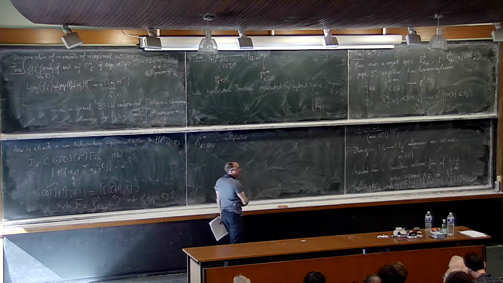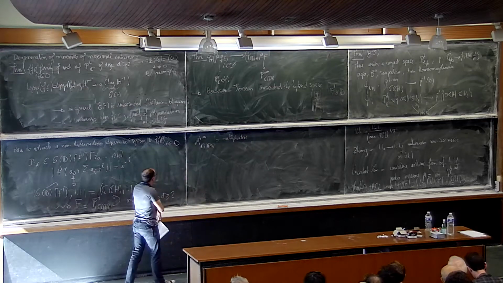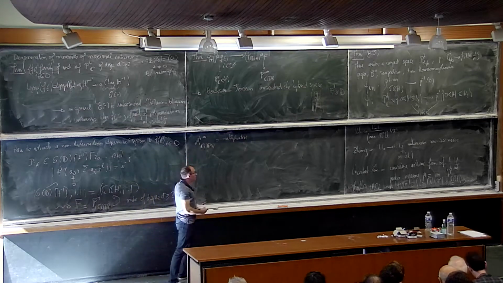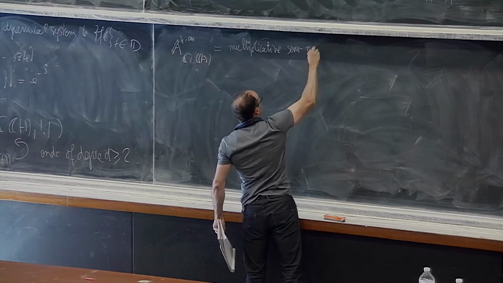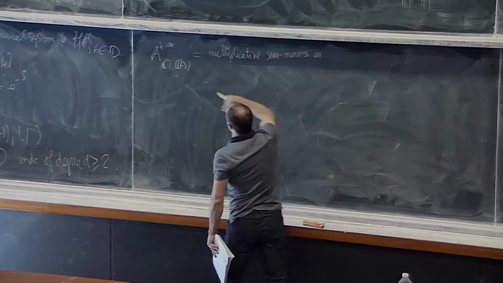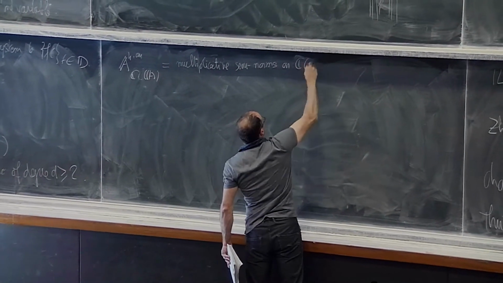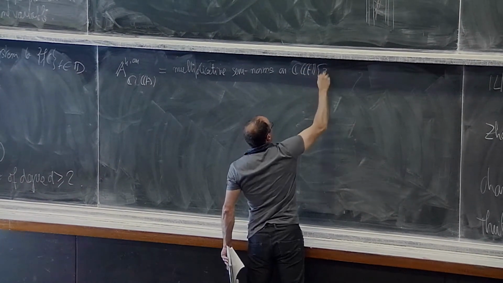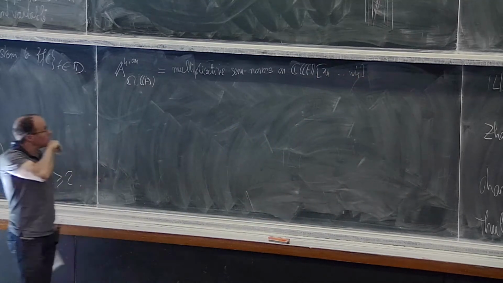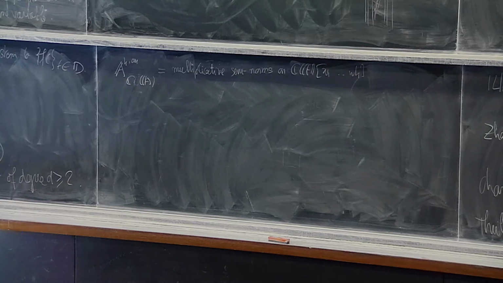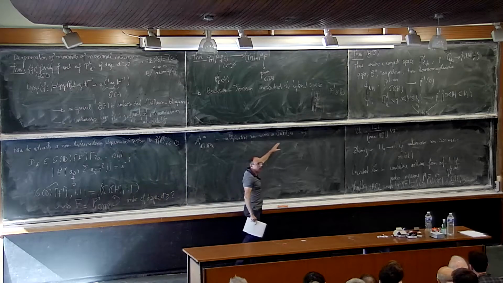This is some kind of spectrum of the ring of regular functions on this space. So this is the set of multiplicative semi-norms on the ring of regular functions, so on C((t))[W1,...,Wk]. And you look at multiplicative semi-norms whose restriction to the base field is a t-adic norm.